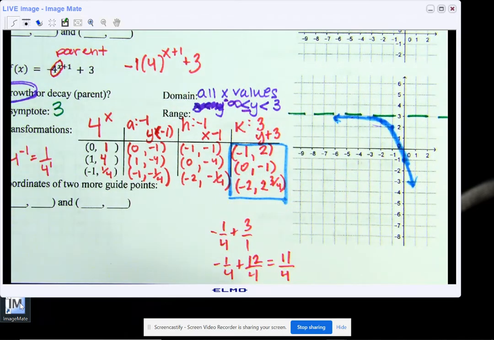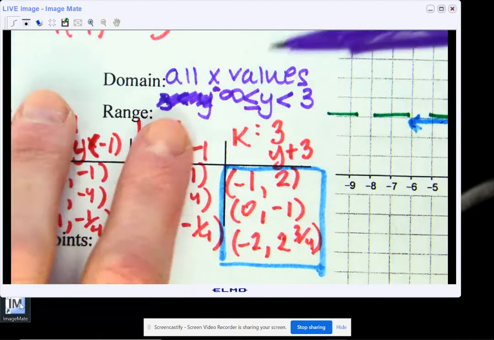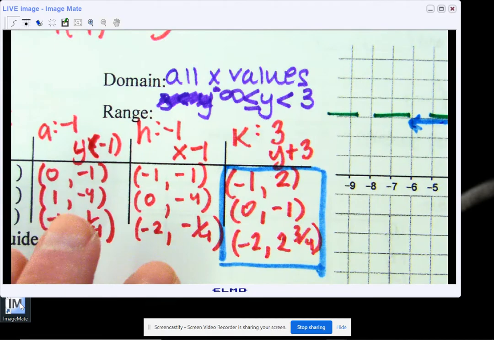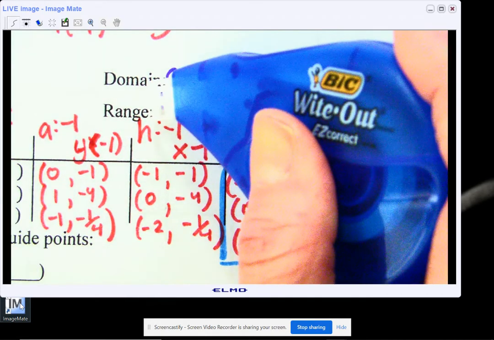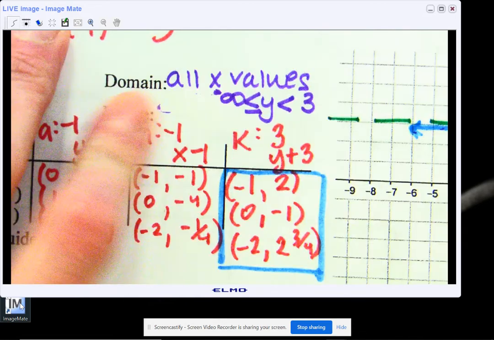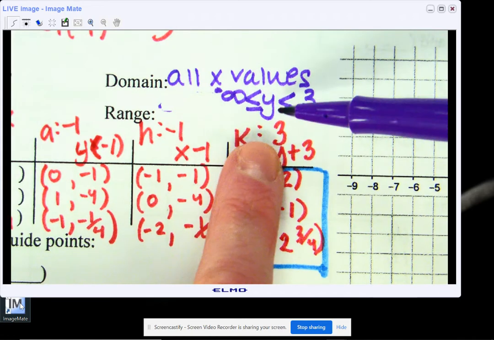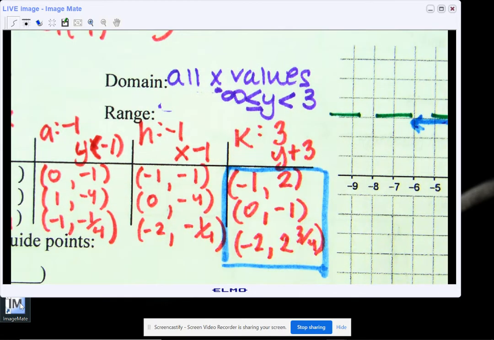I should have started with the smallest numbers. Let me zoom in on that for you. So it's going to include negative infinity. So negative infinity to y, and then approaching 3, but not including 3.